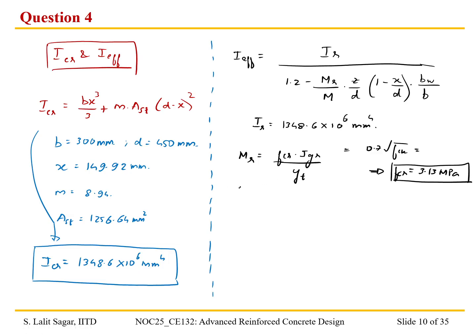and then the gross moment of inertia IGR is equal to BD cube by 12. For the capital D, we need to consider the overall depth of the beam cross section. So that is 3125 into 10 to the power 6 mm power 4.